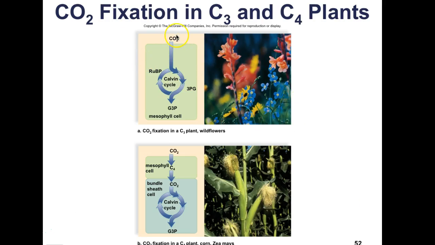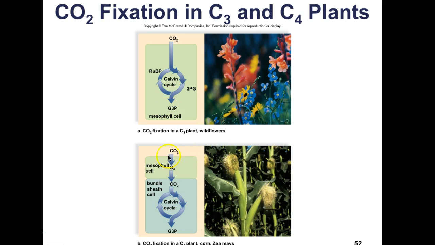So what we see is fixation in the C3 pathway. CO2 comes into the mesophyll cell, is converted into the PG molecule, and then converted to G3P, and then RuBP. So we have RuBP fixed with CO2 to form phosphoglycerate, which is then converted to glyceraldehyde 3-phosphate.